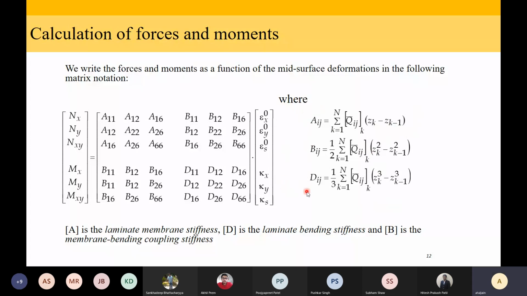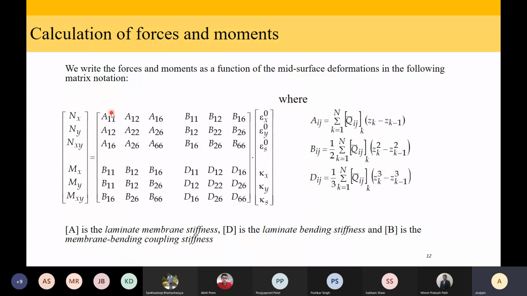B and D depend on the layup sequence because there is a difference of squares. Zk minus Zk minus 1 is just the thickness of the laminate. A does not care whether the lamina is placed at the top, at the center, or at the bottom. It is just the summation of Qij into thickness. For Bij and Dij, since you have the square term of Zk and Zk minus 1, the order becomes important.